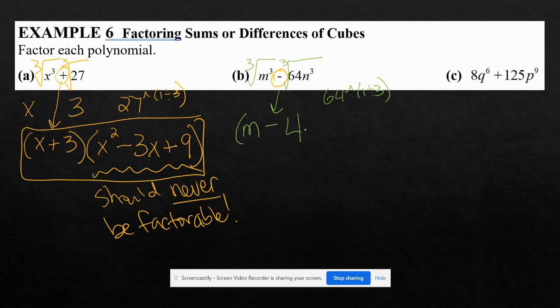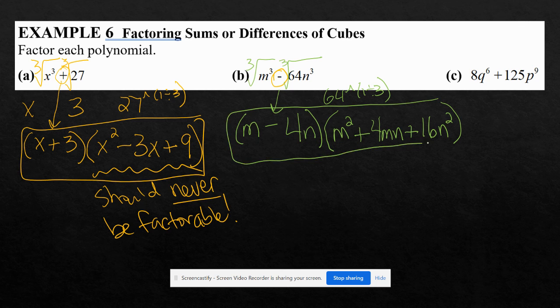And the cube root of n cubed is n. That's our first parenthesis. So now we square the m. That's m squared plus m times 4n is 4mn plus 4n squared. So 4 squared is 16, n squared is n squared. And this is factored form.